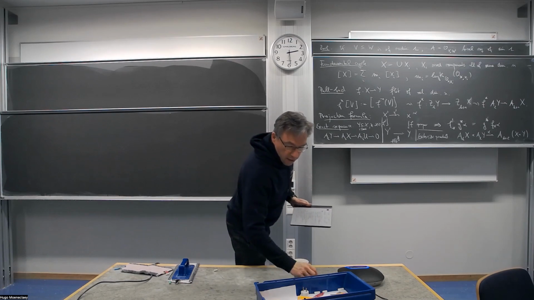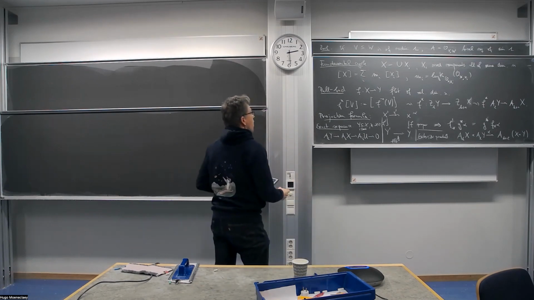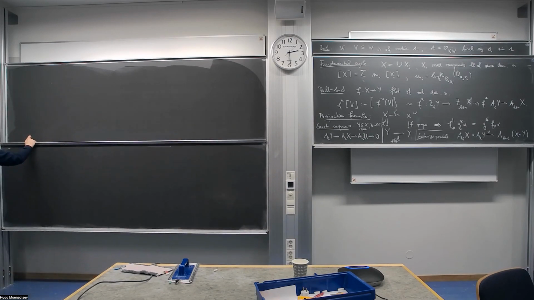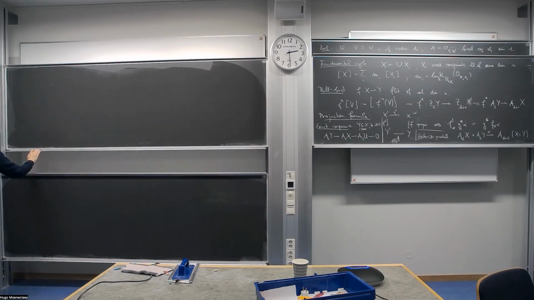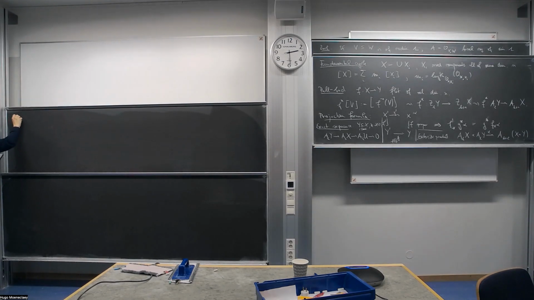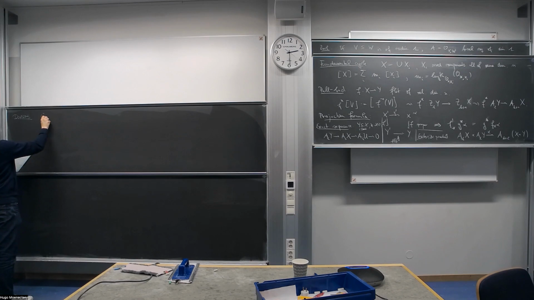Okay, so these are homology classes, and now we come to something that looks more like a cohomology class, which is given by Cartier divisors. You already saw them.